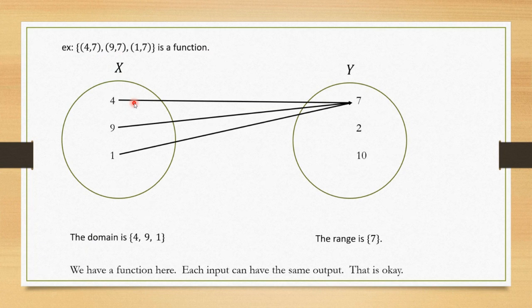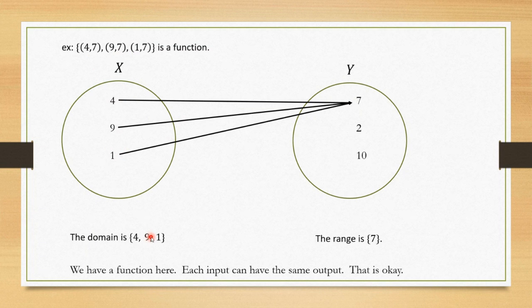That's okay. Or from the correspondence diagram, each element in the first set has one arrow coming out of it. They all have the same output, 7. That's okay. So that can happen. So notice the domain is 4, 9, 1.